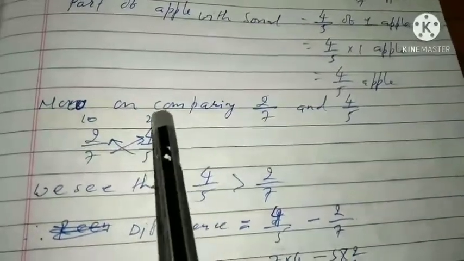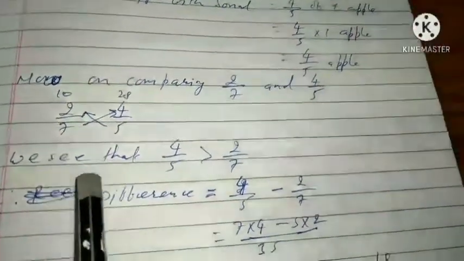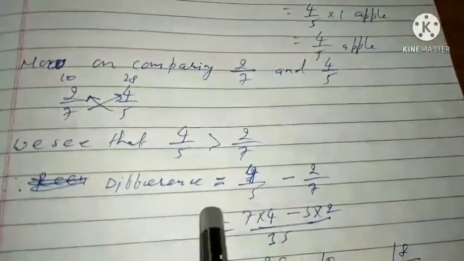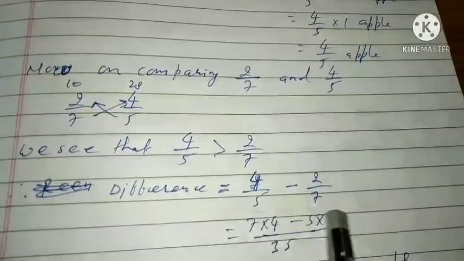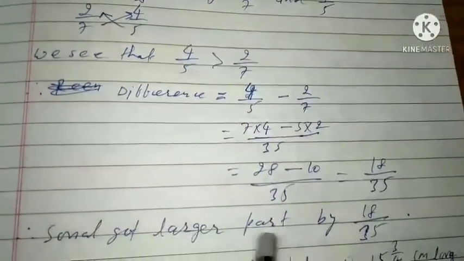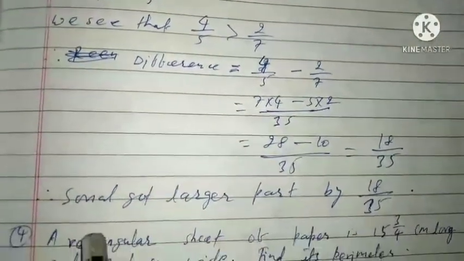It means the fraction which is associated with 28, that is 4 by 5, is greater than 2 by 7. And also we have to find the difference, so we subtract 4 by 5 minus 2 by 7. The result is 18 by 35. It means Sonal got the larger part by 18 by 35.